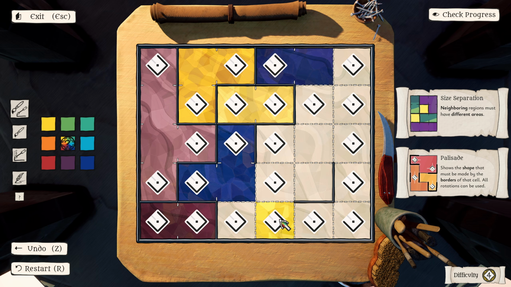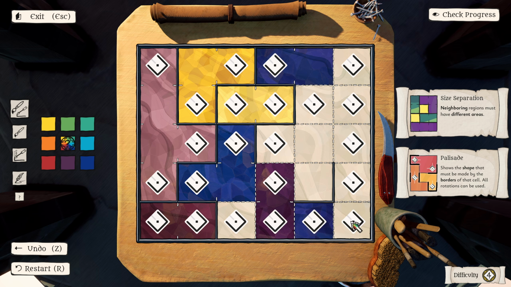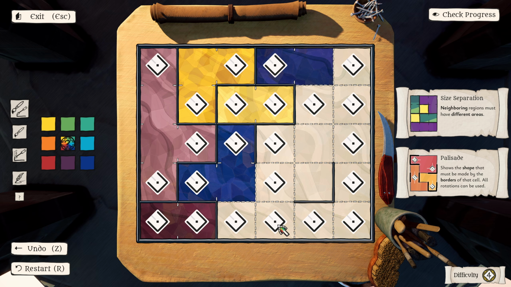I think this has to exist as part of a domino. It's just where is that domino going to exist? If this has to be part of a domino, and it was this, that would mean that would be 2 dominoes next to each other, which cannot be. Therefore, I think this has to be in a domino with that. No, because then that would have to be in a domino with that. This is making for a lot of dominoes that can't be.